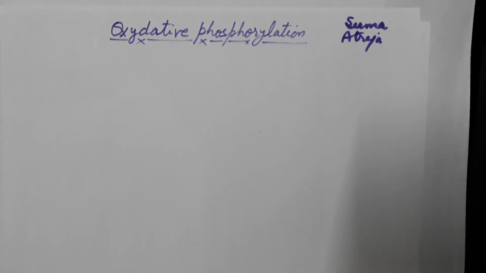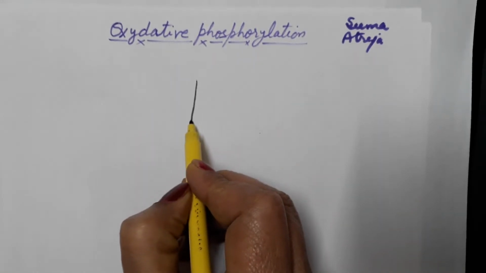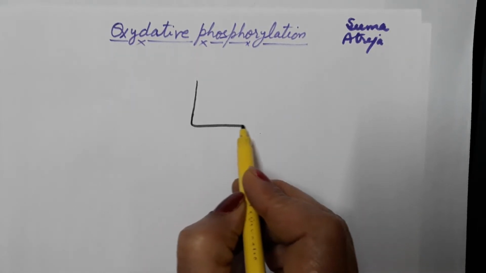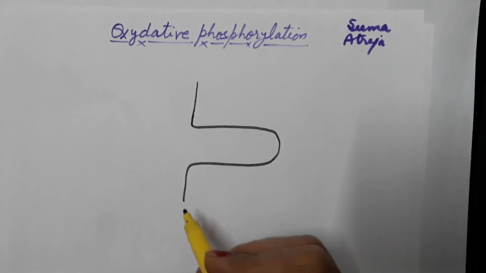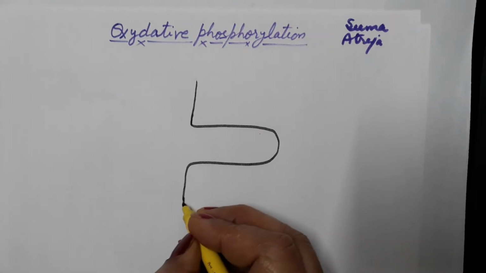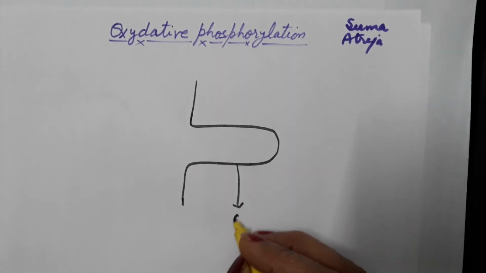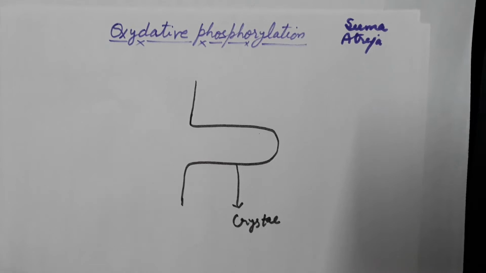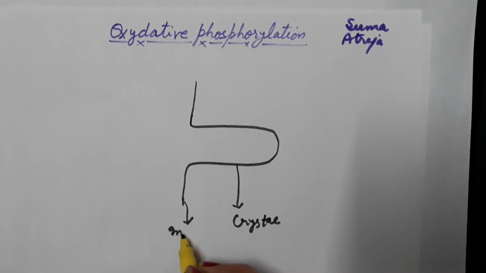Here I am going to draw a diagram. This is the inner membrane of mitochondria. Folds are present in the inner membrane of mitochondria, which we call cristae. So this is cristae, that is a fold in the inner mitochondrial membrane. This is the inner mitochondrial membrane.